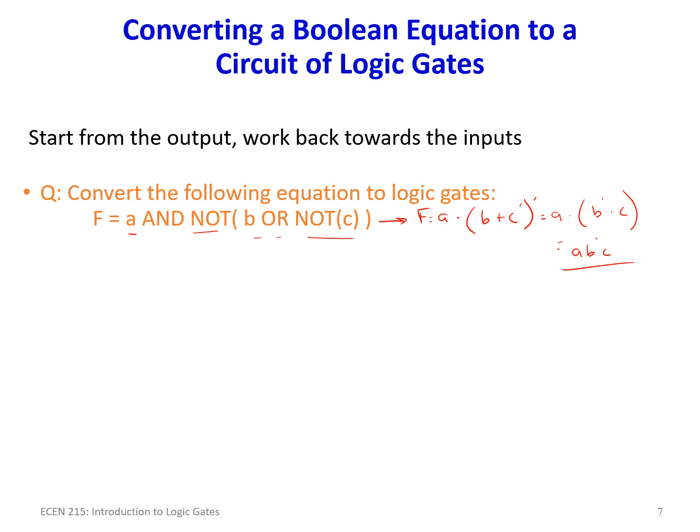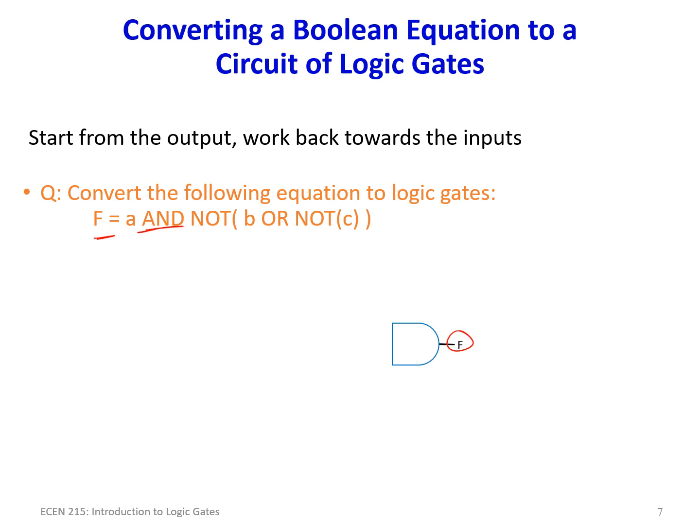So we can also just go ahead and create the function literally as it says here, which looks like this. So what we did here is we created F as our output, and we have an AND gate. So we looked at this part first. So we have F and we have an A, so we can go ahead and have that. That's pretty straightforward. And then we now need to focus on this portion here. So how do we do that?